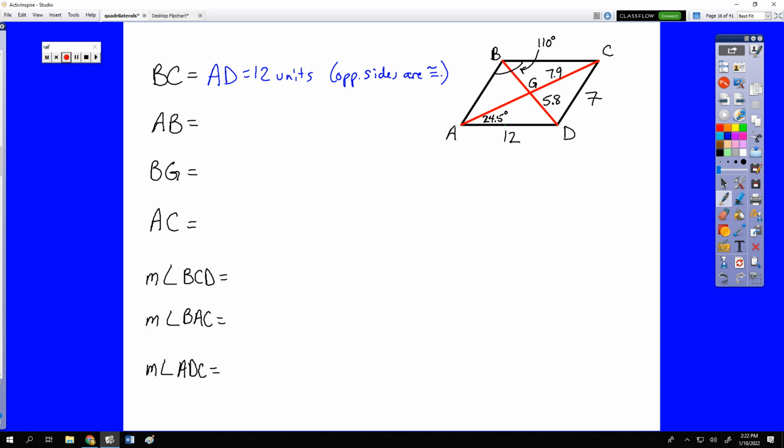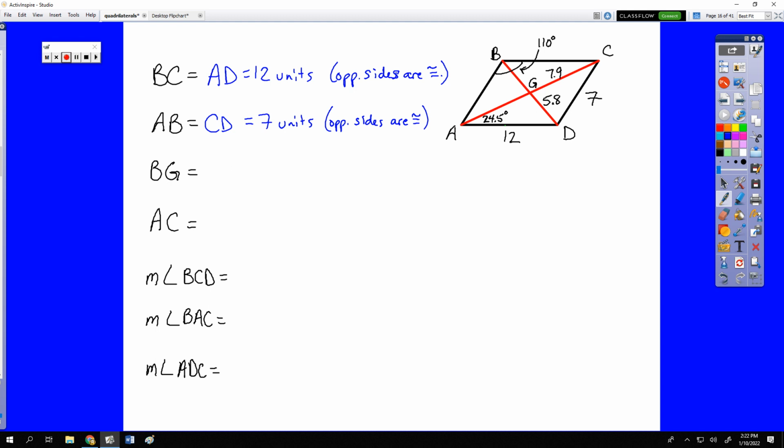Okay? Again, in your notes, you should be writing down enough information that in 4 or 5 months, when we go back to study for finals, we remember how to do these problems. So AB is similar. AB is one of the side lengths. It has to be equal to CD, which would be 7 units. Okay, same reasoning. Opposite sides have to be congruent. Okay, then we have BG.